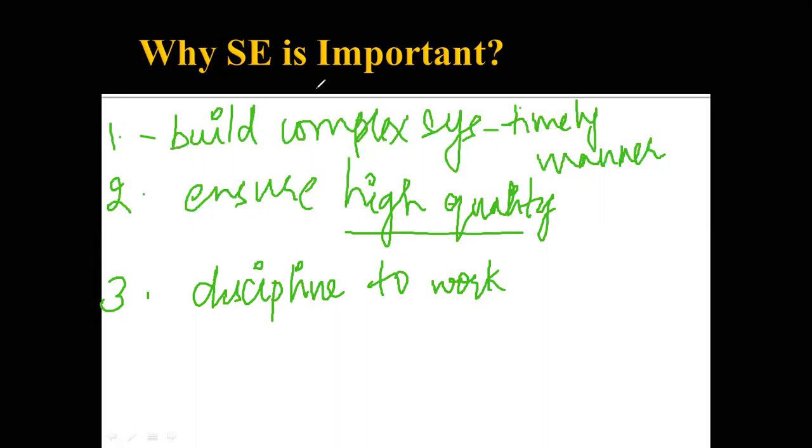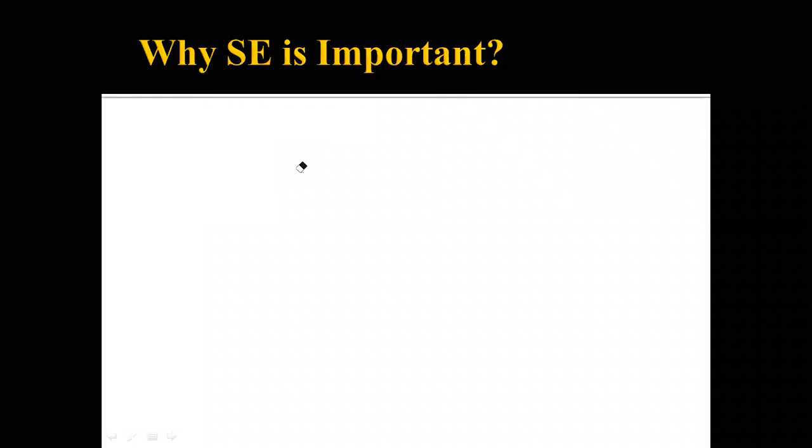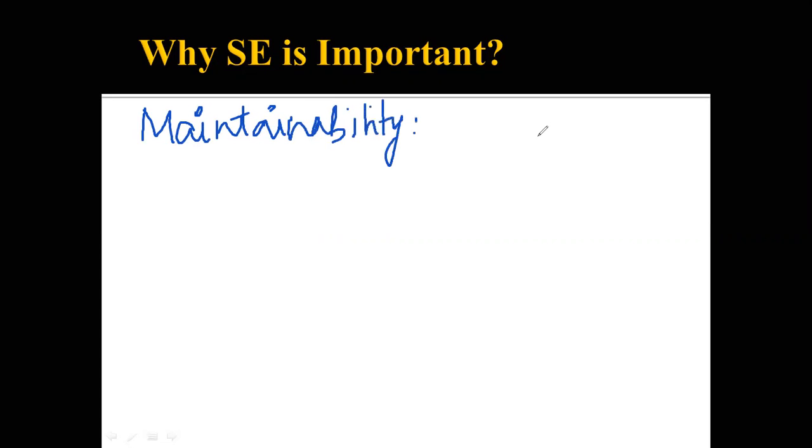Now the main objective of studying software engineering is that when you are making a particular software, you can have software that is maintainable. Maintainable means, first, maintainability.